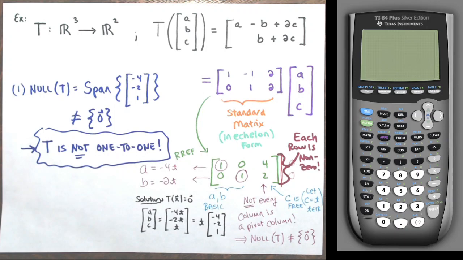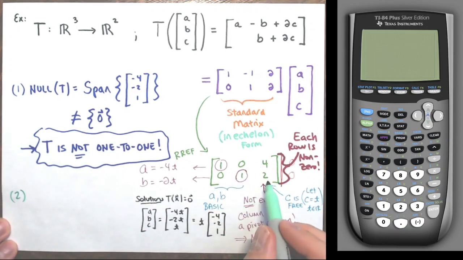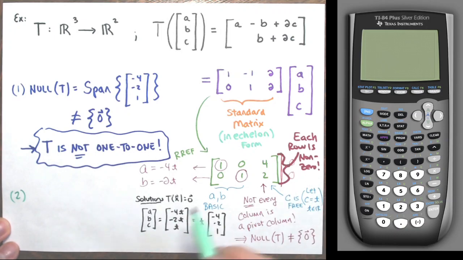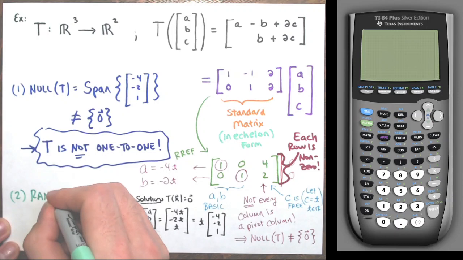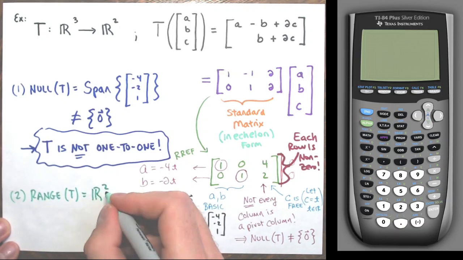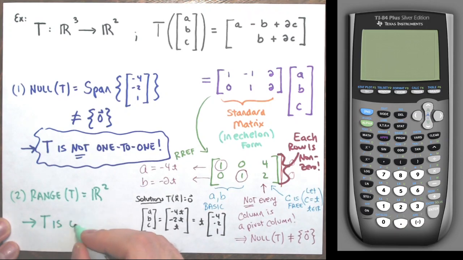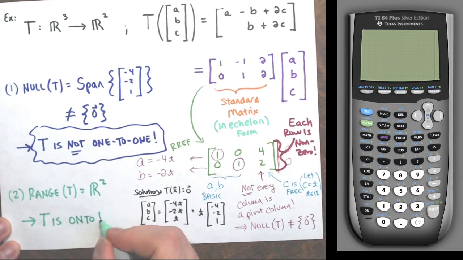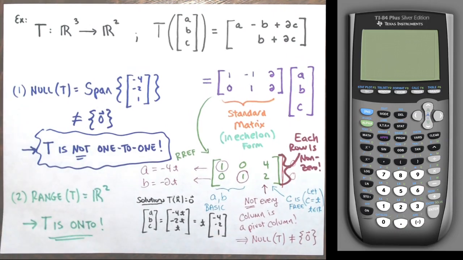Wonderful. So for number 2, because I'm seeing that each row in echelon form or reduced echelon form here is non-zero, the range of T is going to be R2. And since the range is the entire codomain, T is onto. That's the definition of being onto: when every value in the codomain is an output, when every value in the codomain is mapped to.